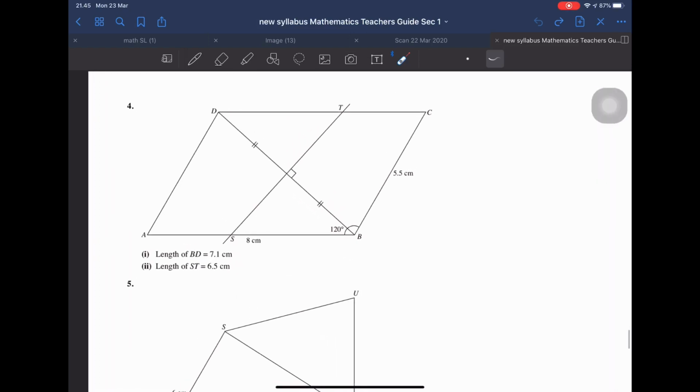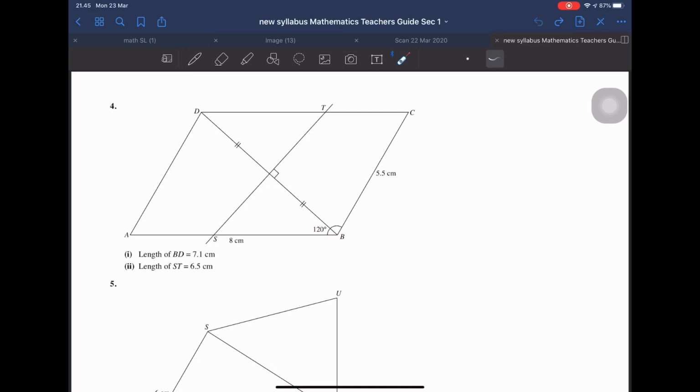Number 4, parallelogram. Making a parallelogram, make the base first, AB, it's 8 cm. After that, make BC based on the angle. You can just use the protractor for this, 120 degrees. And then make sure the length is 5.5 and ABC is 120. Write down the length of diagonal BD.